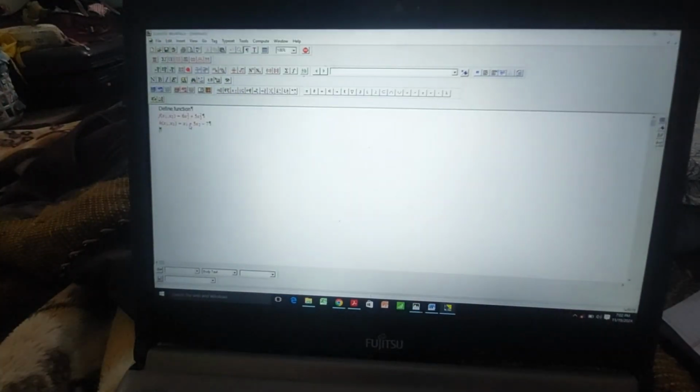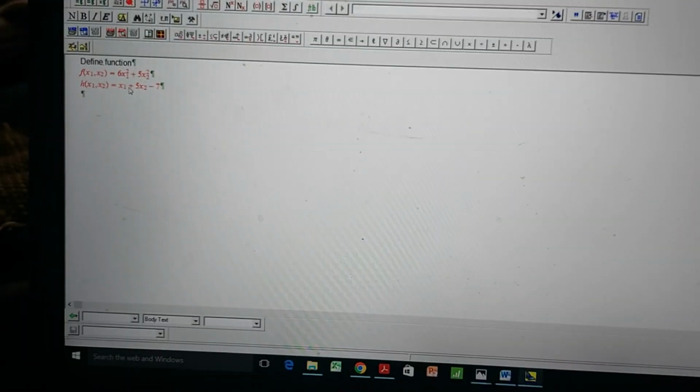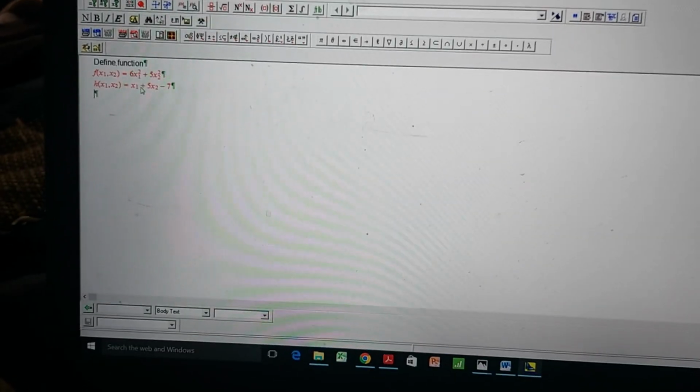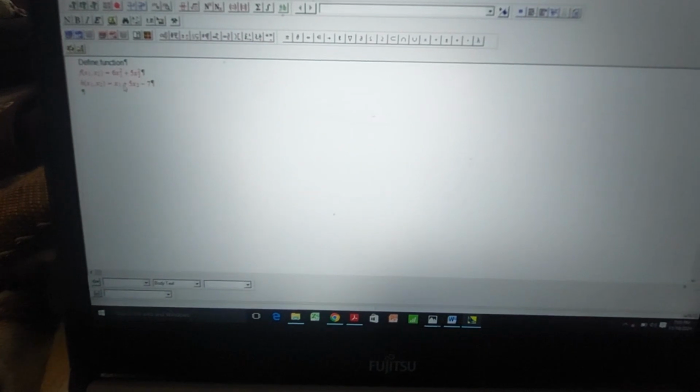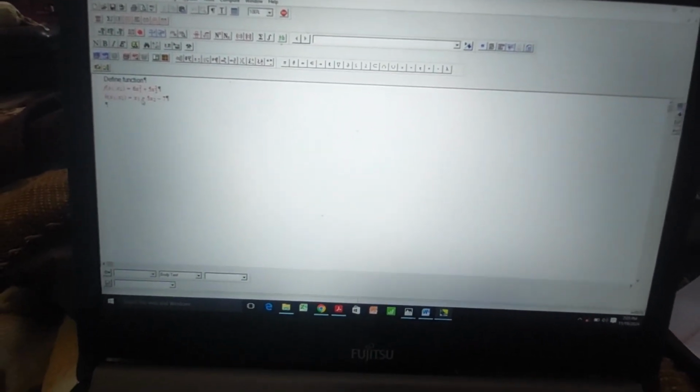Let me adjust the zoom, because it is auto focusing and making it a little bit blurry. At 0.5x it is better.